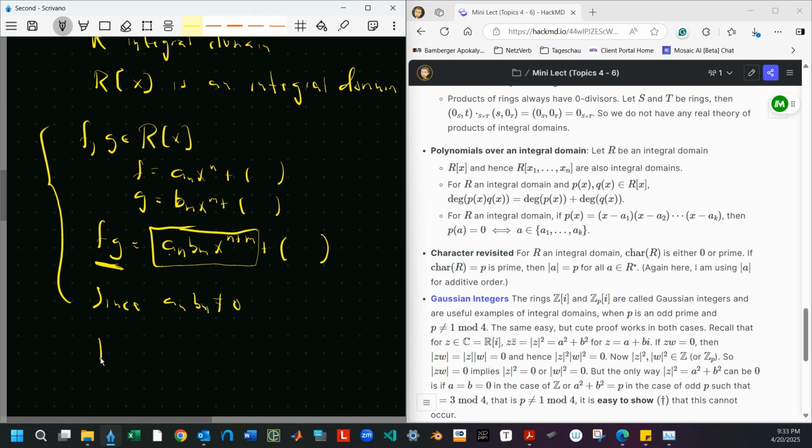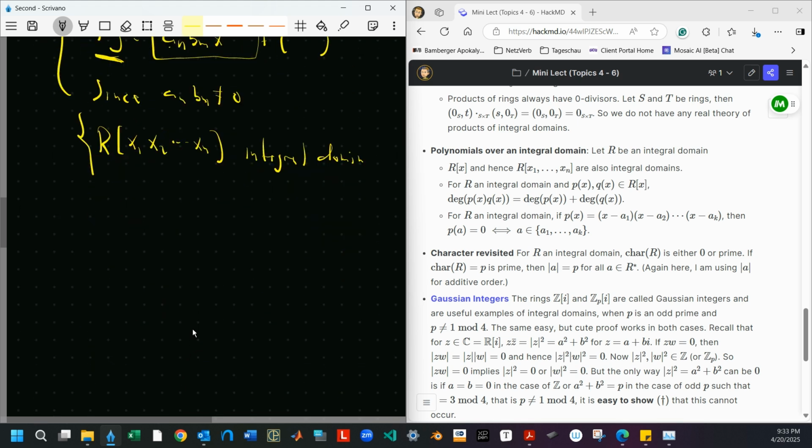Given that, we can even keep going. Once we add one variable, we can add another, etc. So if I look at polynomials over n variables, this is still an integral domain. We won't do much with that, but it turns out to be really important if you continue studying algebra.